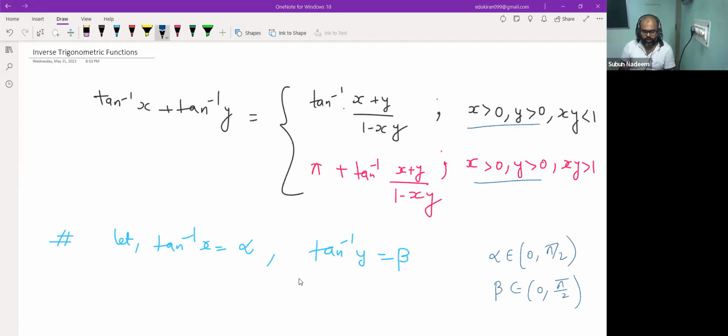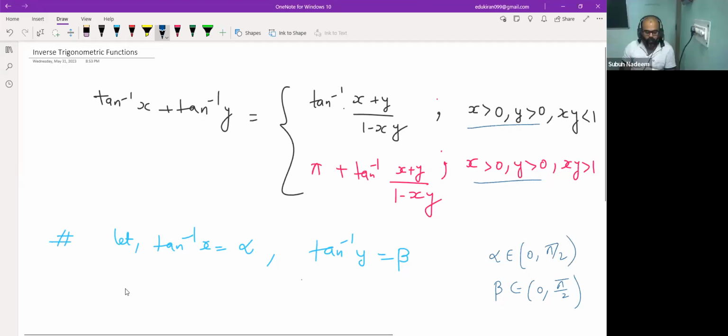Because if x is negative, then we will get minus pi by 2 to 0. Actually, the principal value is minus pi by 2 to pi by 2, but we are only taking positive values of x, so we are taking 0 to pi by 2, and similarly for positive values of y. Okay.